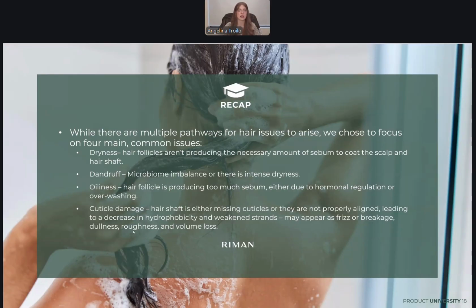Specifically with cuticle damage, this encompasses a huge consideration of various different hair concerns, be it frizziness or breakage, tangling, or dullness or dryness, and all that good stuff. So oftentimes your hair care treatments will look to address the cuticle and will look to address cuticle damage specifically.